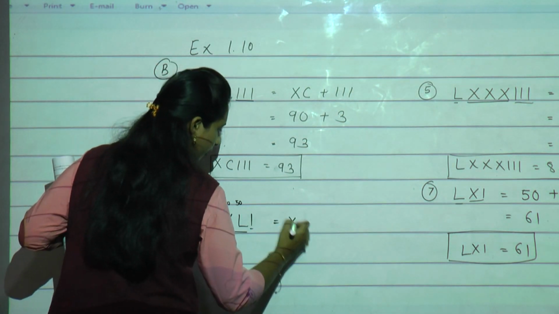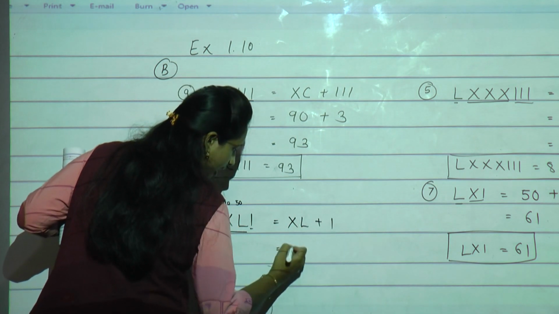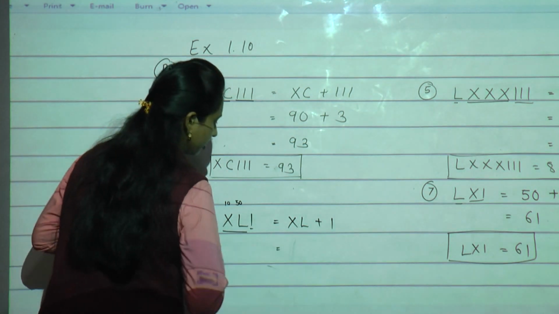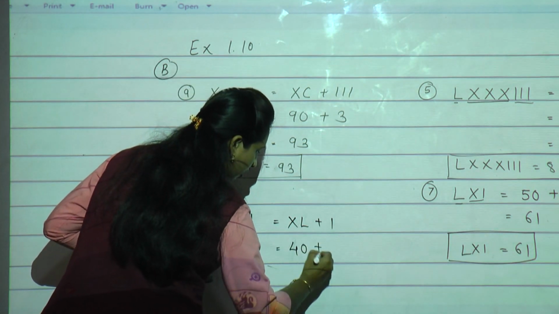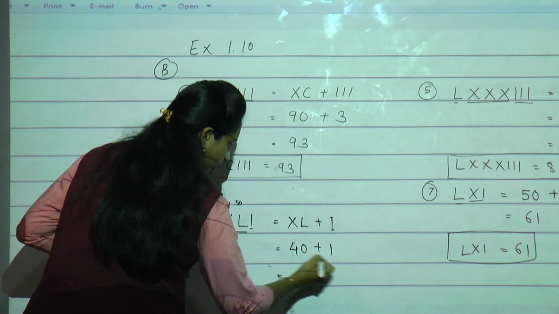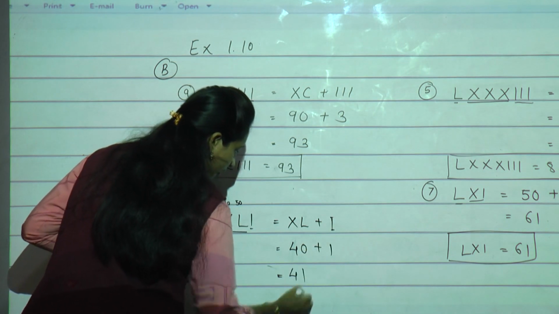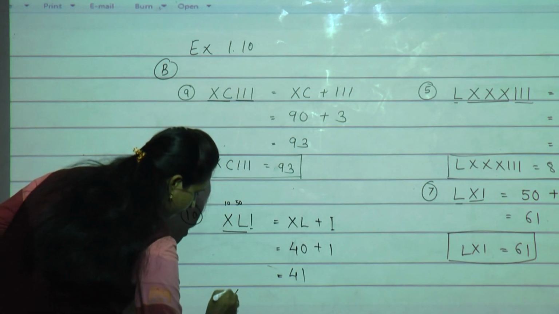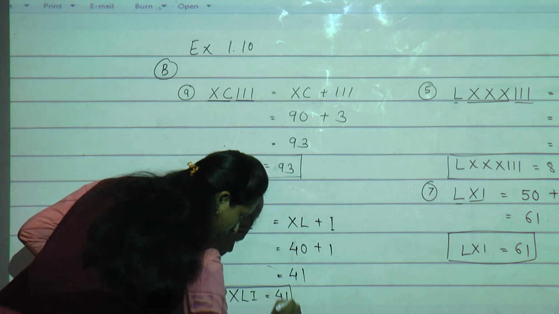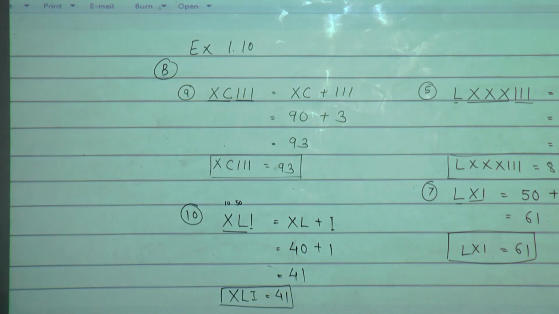And I, we all know, so XL plus I. XL represents 40 and I represents 1. When we add 40 plus 1, it becomes 41. So how will we write it? XLI is equal to 41. Make one proper box. So here we have completed our exercise 1.10.